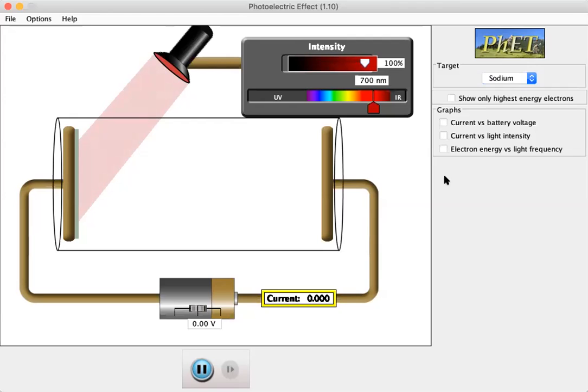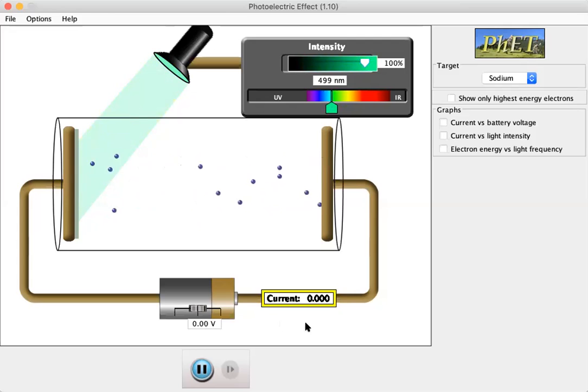As we start decreasing the wavelength, at a certain point, we exceed the threshold frequency, and we start observing the photoelectric effect. You may see the electrons reaching the other terminal of the photocell.